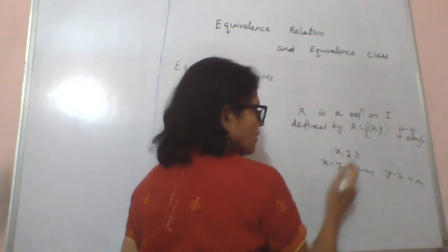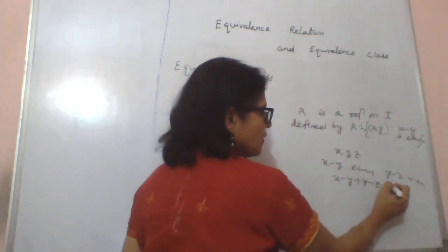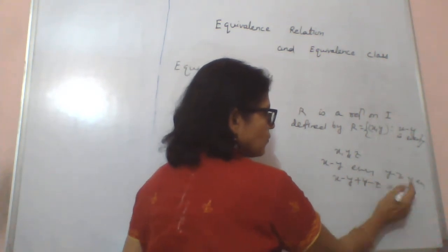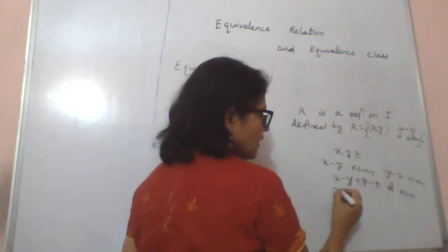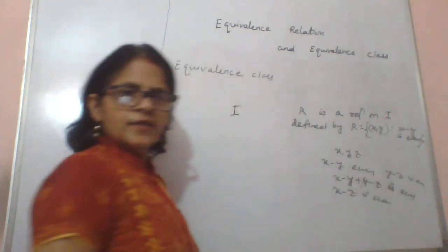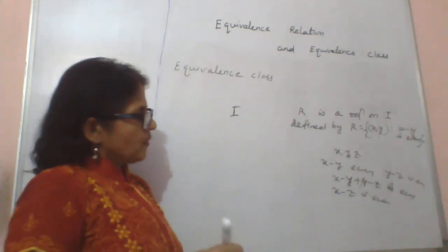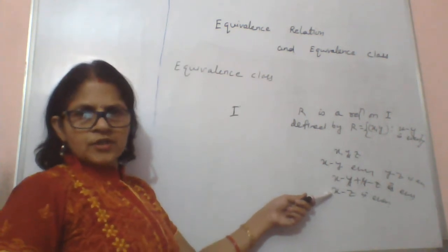So if I add the 2, x minus y plus y minus z, that is also even, means you are getting x minus z is even. Sum of two even integers is an even integer. So here you see this relation is transitive also.